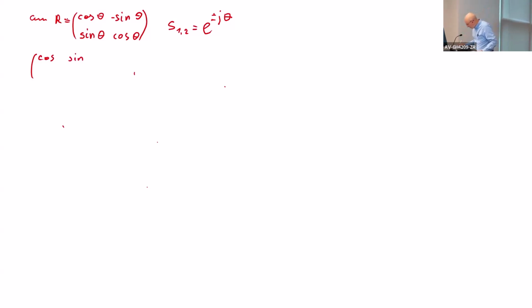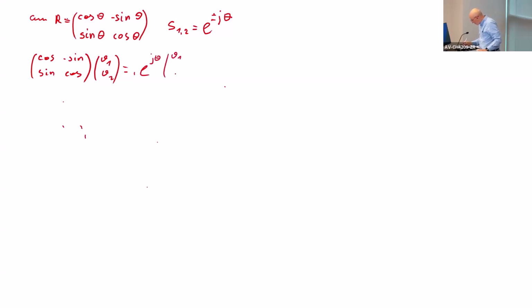So I will just write all the regular values: cosine, minus sine, sine, cosine, times that vector v1, v2, equals e to the plus j theta times same vector v1, v2. All right, so far this is how I compute eigenvectors.